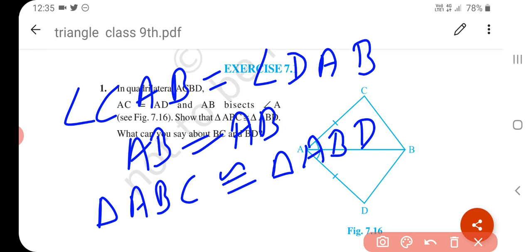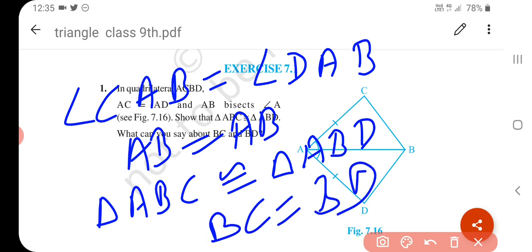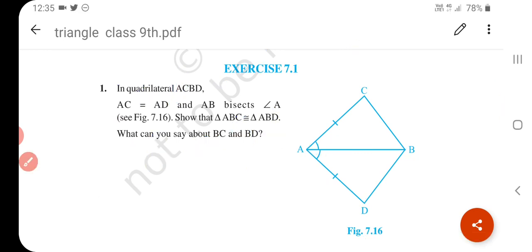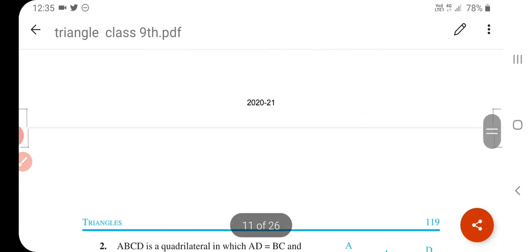So if these two triangles are congruent, BC is equal to BD. आप लिखोगे यहाँ पर by CPCT. Understand? By corresponding parts of congruent triangles are equal. So this is your first question.